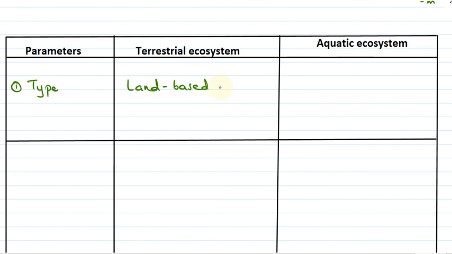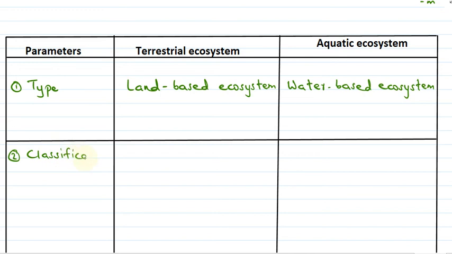It is a land-based ecosystem, whereas aquatic ecosystem, we can say, is a water-based ecosystem.